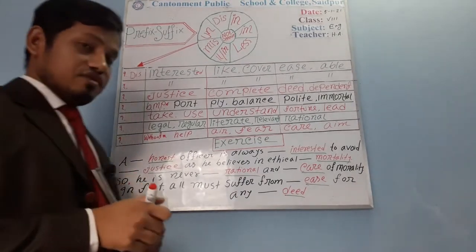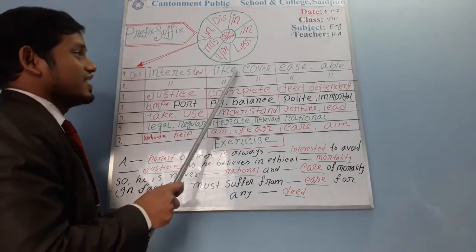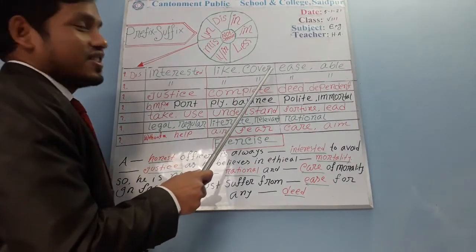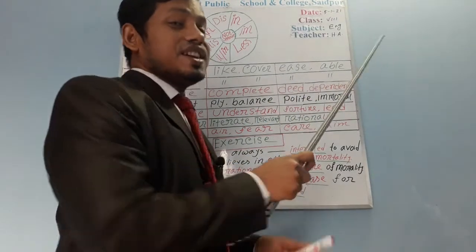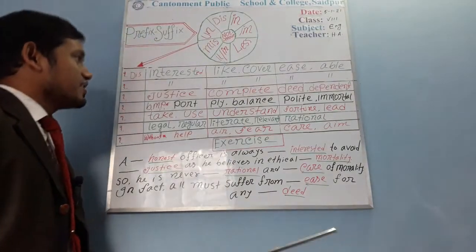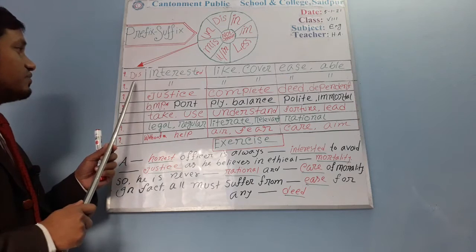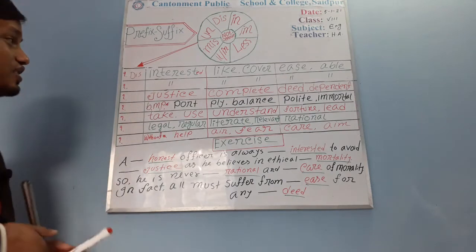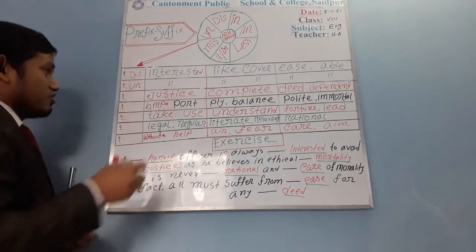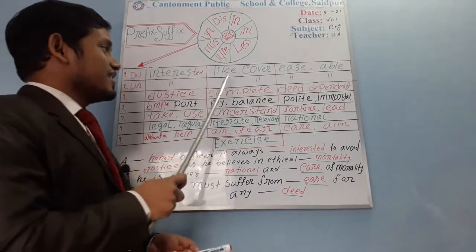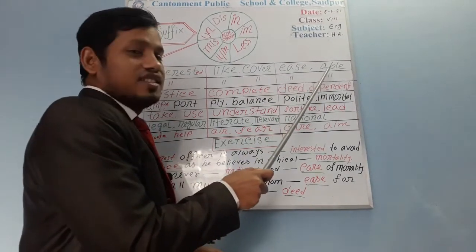Learners, in this column you can see disinterested. Now, very easy. Disinterested, dislike, discover, disease, able, disable. Okay, so learners, in the second line you can see here uninterested, same, uninterested, unlike, uncover, unease, unable.